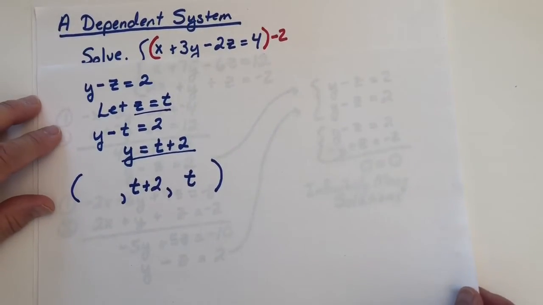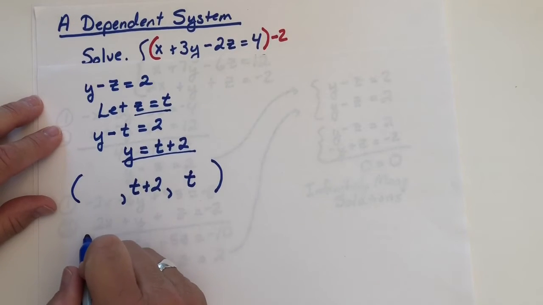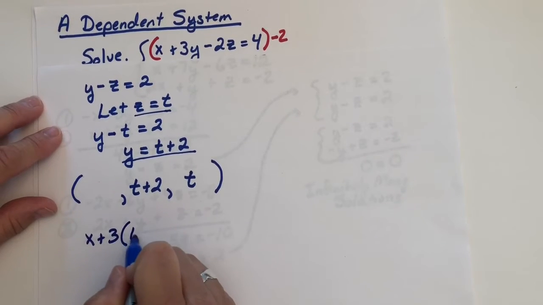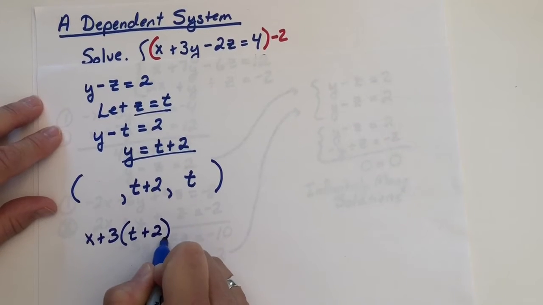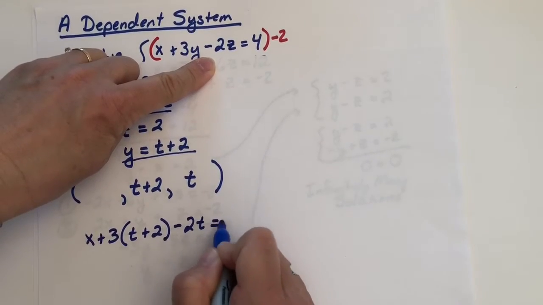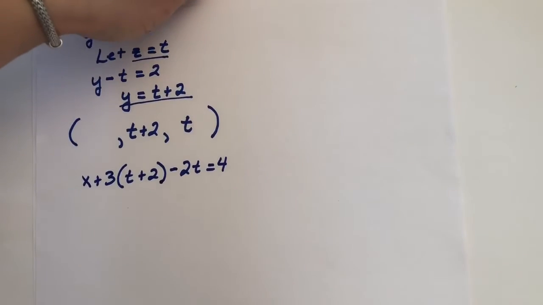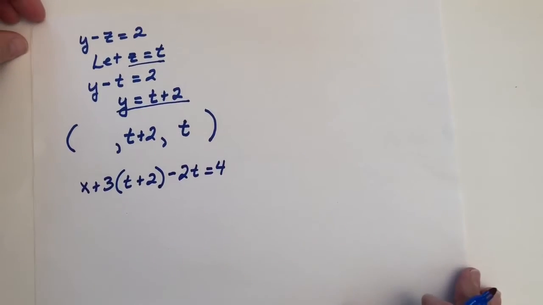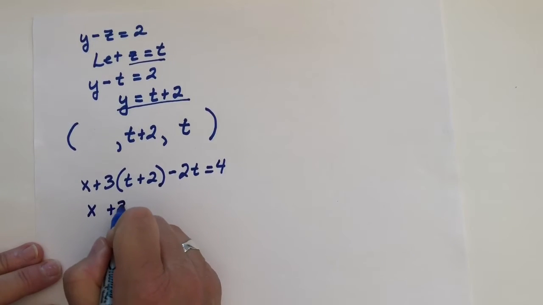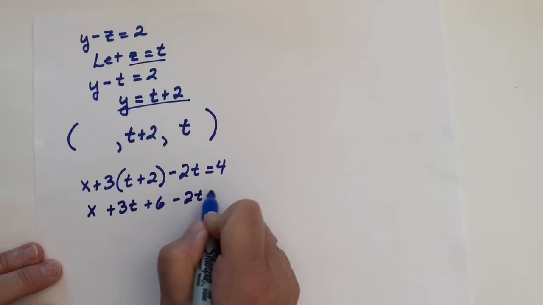So I have this: x plus 3 times t plus 2 minus 2 times t equals 4. And let me move that away so it's a little cleaner. And I have x plus 3t plus 6 minus 2t equals 4.